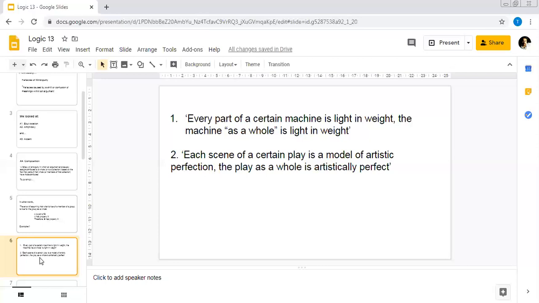But that's not always the case, right? We've seen movies, we've seen plays in which the parts individually are great, but when we see it collectively as a whole, the film or the play, it's not necessary that it's going to be great also. Okay.